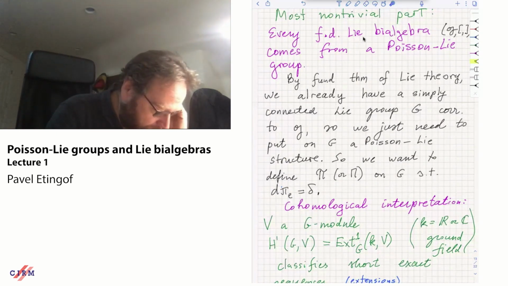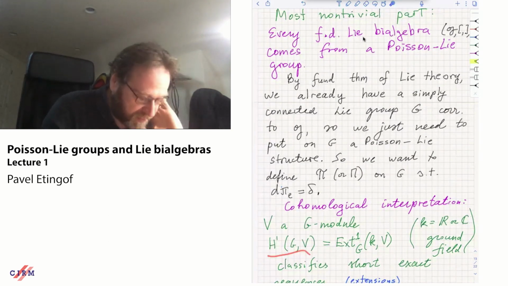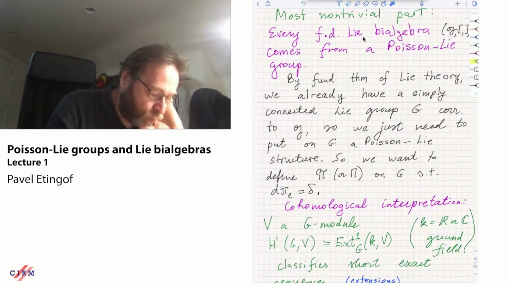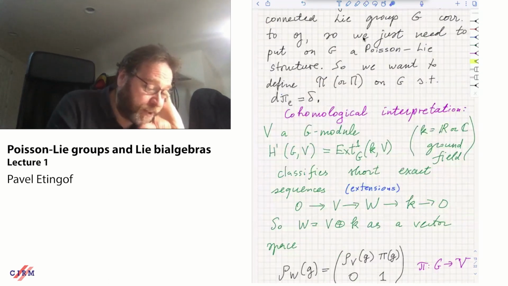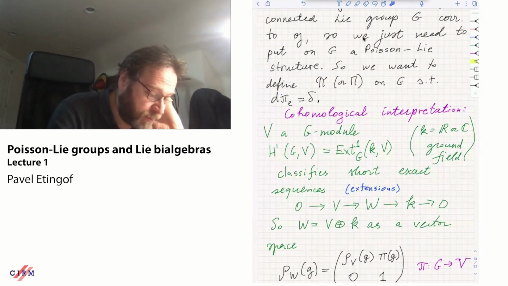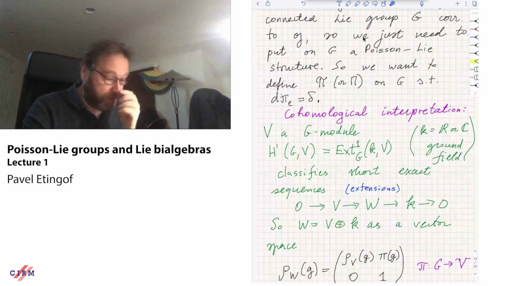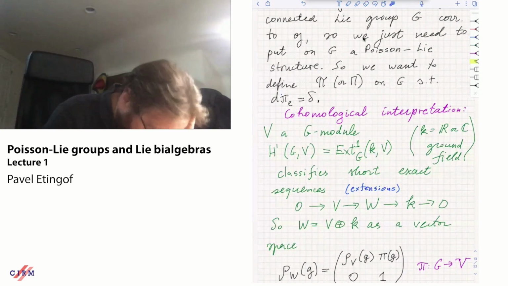Then H1 of G with coefficients in V is just the Ext group in the category of G-modules between the one-dimensional representation and V. And what it does, it classifies short exact sequences, 0 to V to W to K to 0, which are not necessarily split.